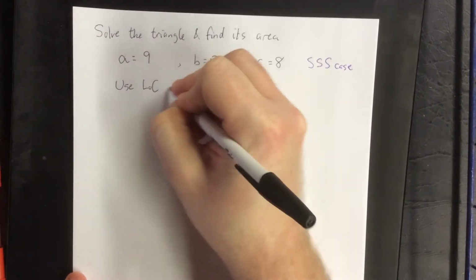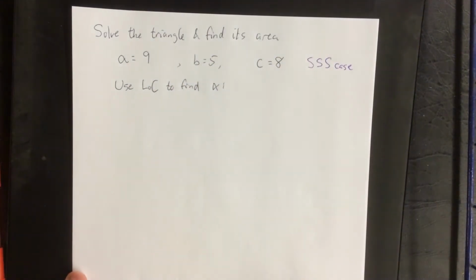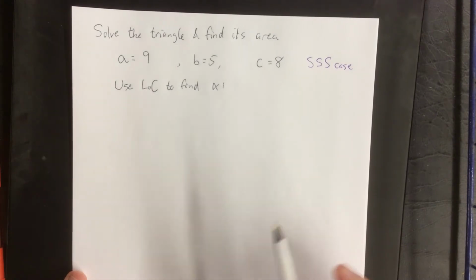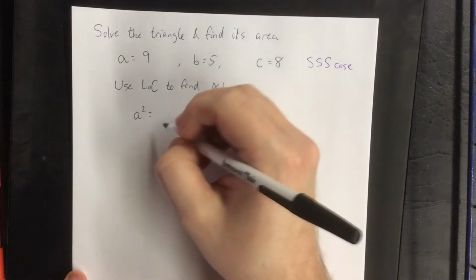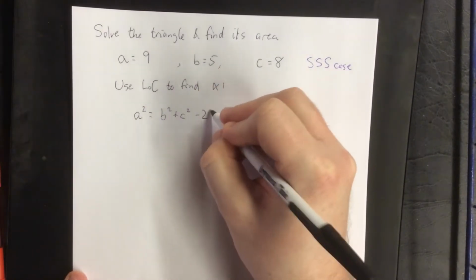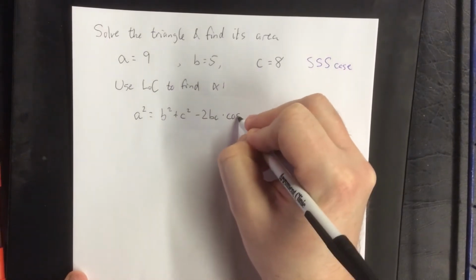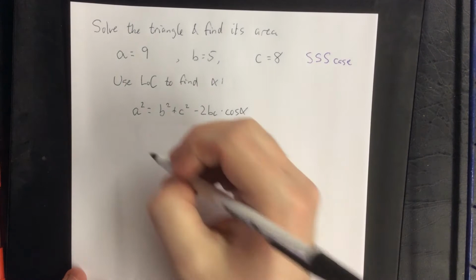So use law of cosines to find alpha, which means that we'll need the version of the law of cosines that contains an alpha. That's the one that starts with a squared. So a squared is equal to b squared plus c squared minus 2 times b times c times the cosine of alpha. Let's plug in all the things that we know.